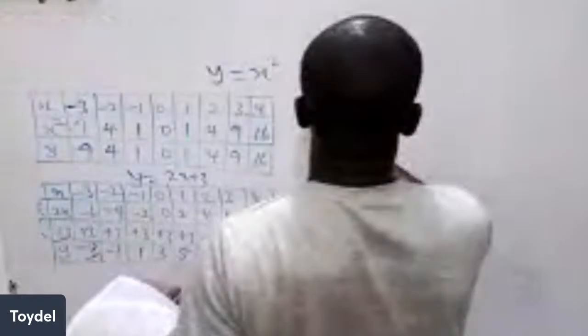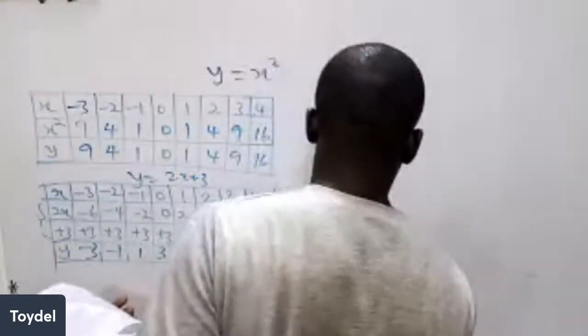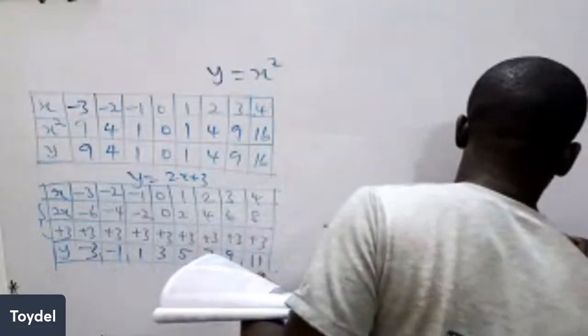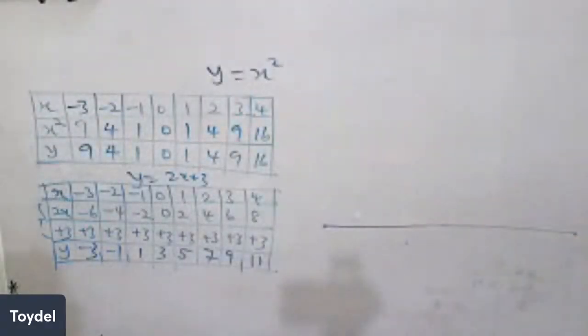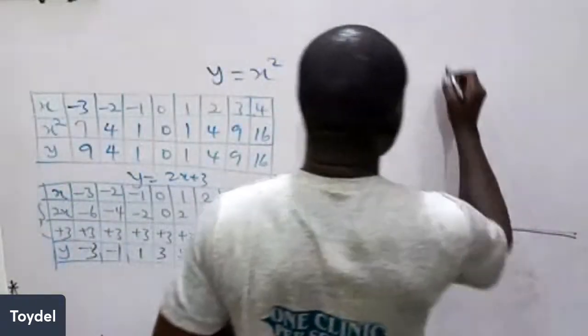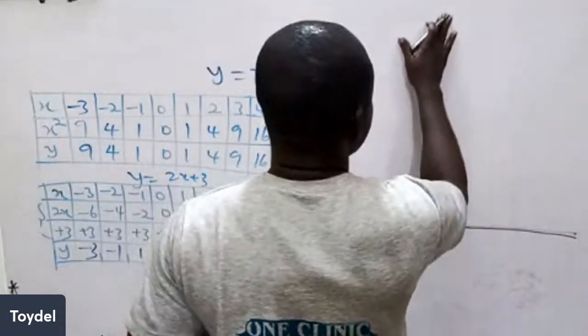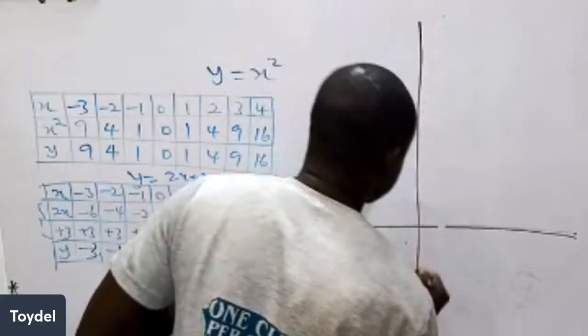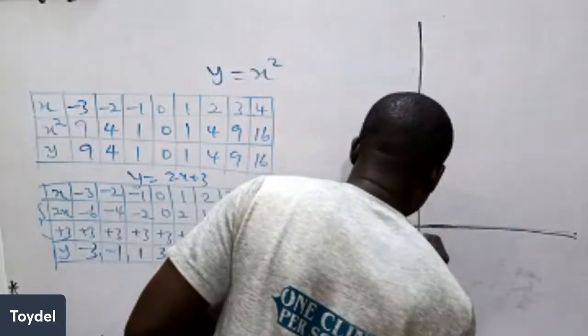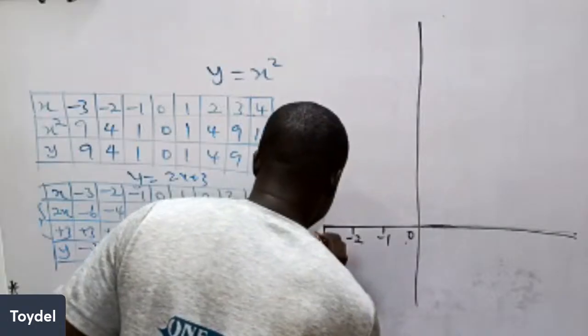So I'm going to have something of this nature. No, it should be more of X positive to negative. Here is 0, minus 1, minus 2, minus 3.